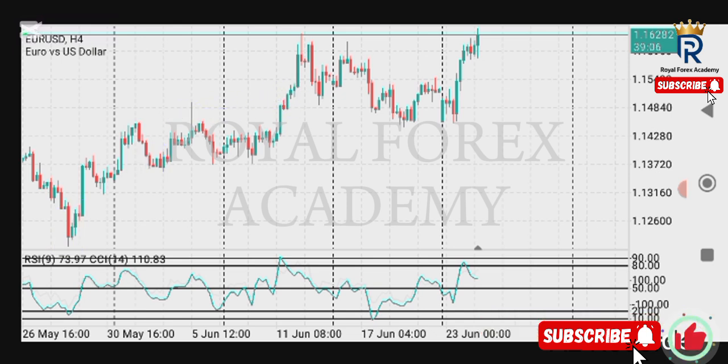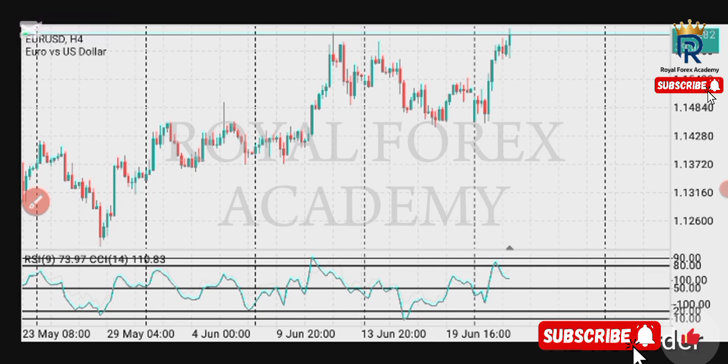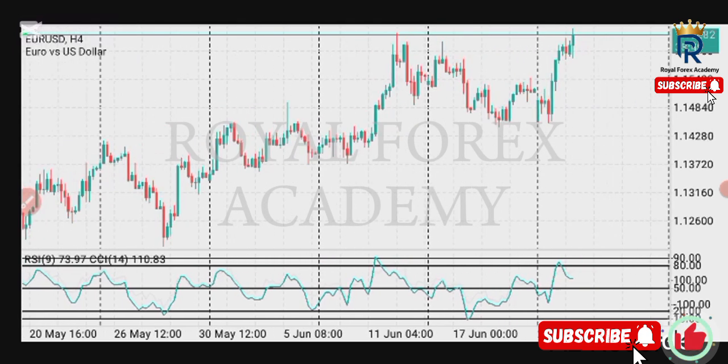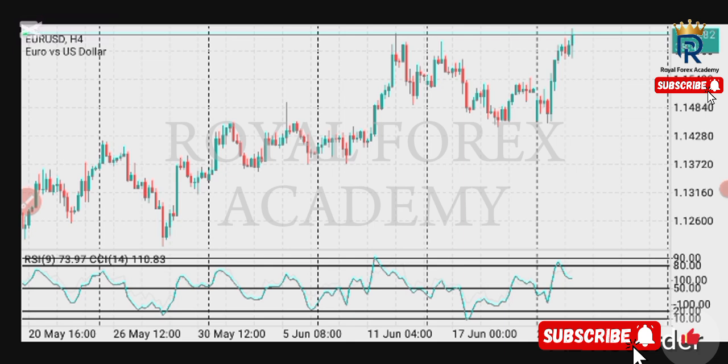So today we are looking at the smart money fair value gap. You can call it fair value gap, some call it imbalance, others call it improper price action. Regardless of what you are calling it, what matters is the understanding of the concept. I will not be going into explaining how you can identify the fair value gap in this video.